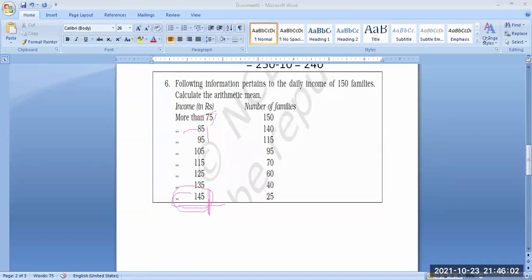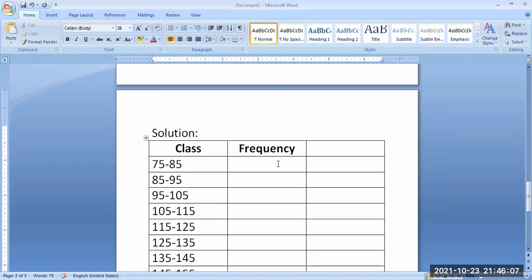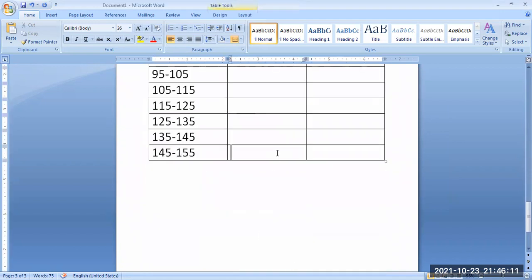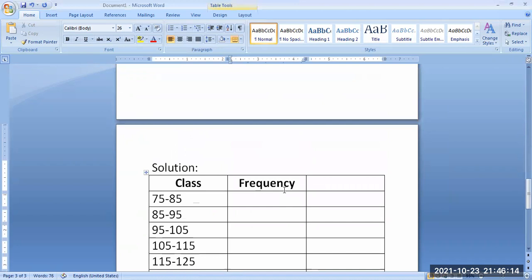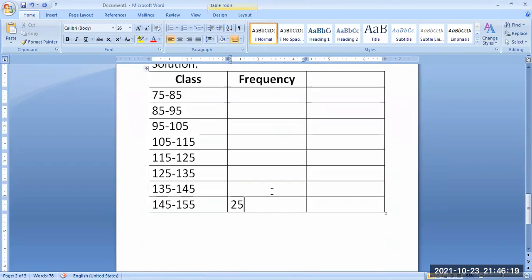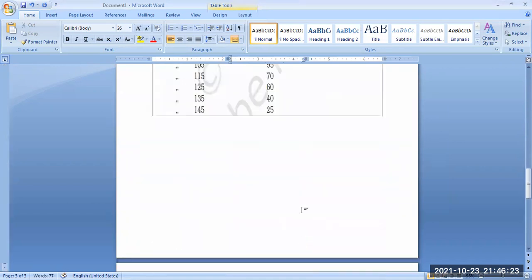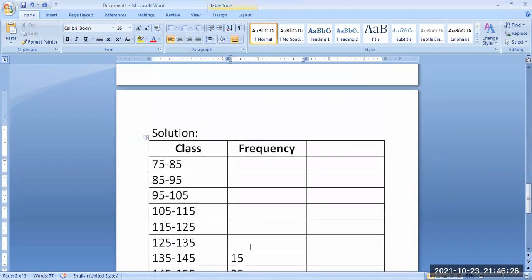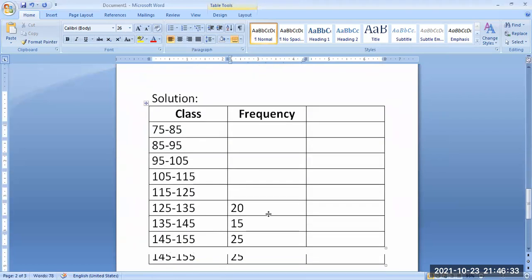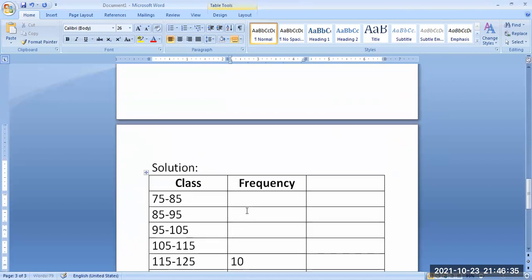Yes, sir. Understood. Now see, what we have to do is come from the bottom. 150 minus 125 is 25, so the frequency here is 25. Now 25 plus 15 is 40. Then 40 to 60, the difference is 20. 60 to 70, the difference is 10.